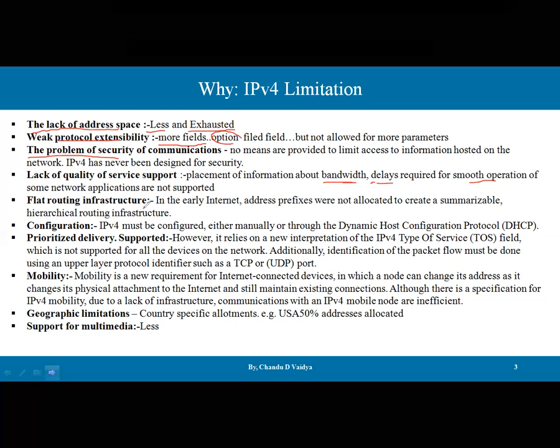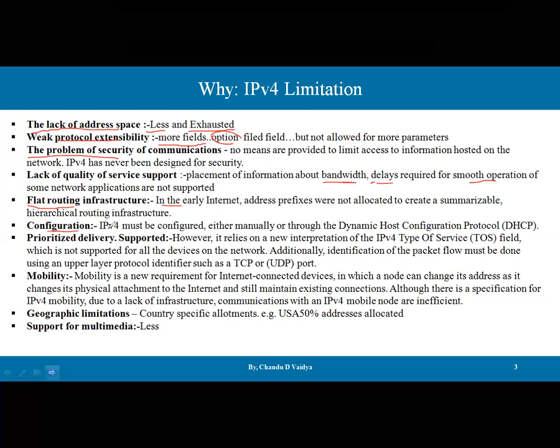Then the flat routing infrastructure. In the earlier internet, address prefixes were not allotted to create a summarizable hierarchical routing infrastructure, because nowadays the size of the internet is very large. Initially it was small, so that kind of flat routing was supportable, but now hierarchical routing is required. Okay, so this is also a limitation.